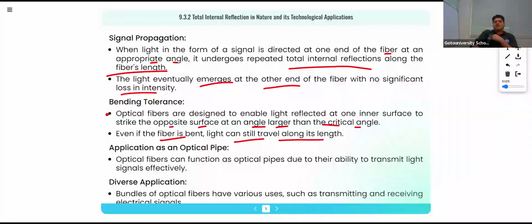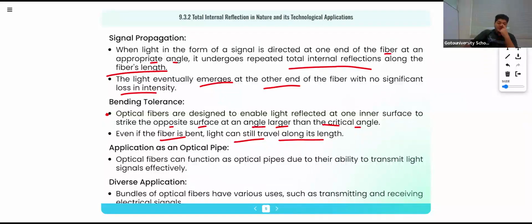What are the applications of optical fiber? Optical fiber works as it has the ability to transmit a light signal effectively. Nowadays, Wi-Fi, even the television system, they all are using optical fiber for transmission of the signal.